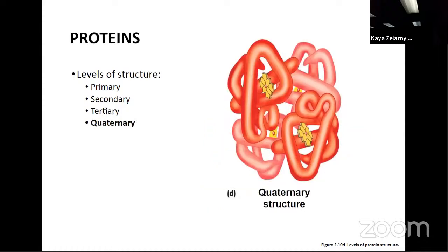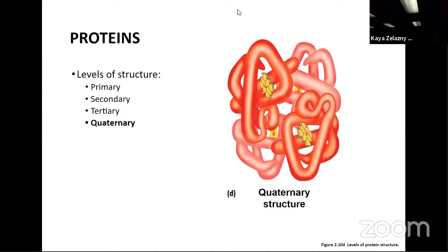Finally, when we look at a protein that's having action in the body, it's often not just one chain. Proteins often have subunits. So our quaternary structure, quaternary just meaning fourth, is the interaction of these different subunits. What we have here is a picture of hemoglobin, which is a protein that allows your red blood cells to carry oxygen.